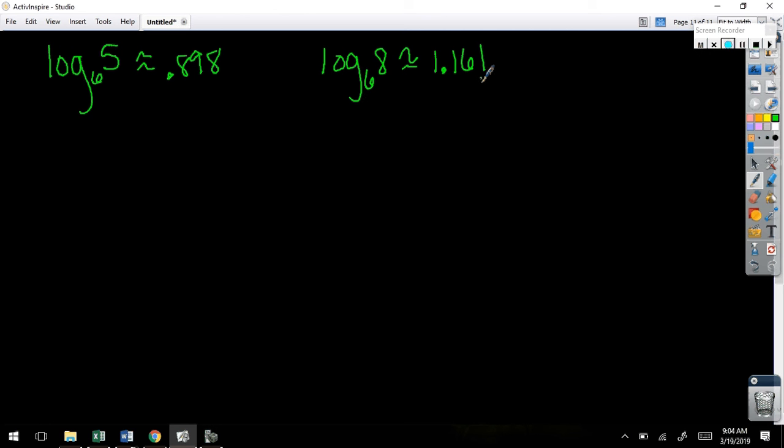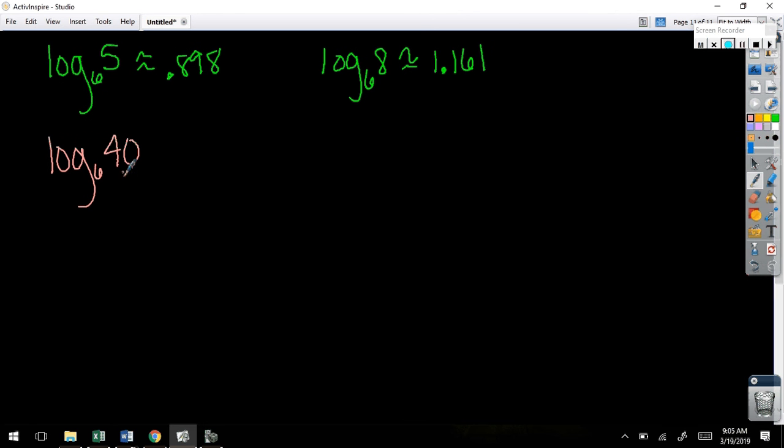What if I asked you to use these two values to tell me what is the log base 6 of 40? 5 times 8 is 40. That's exactly right.